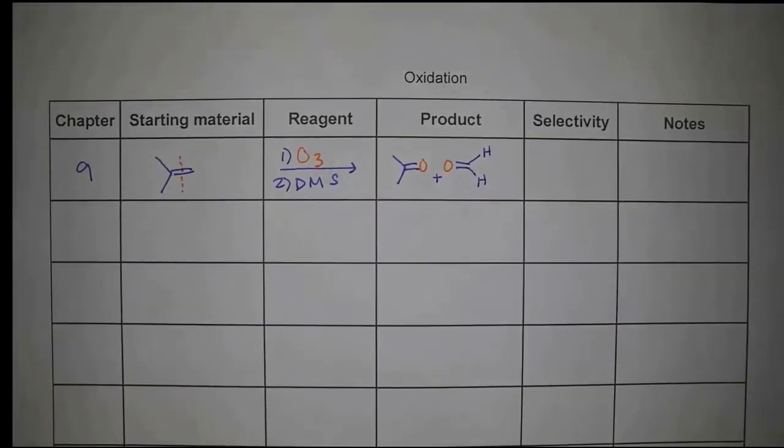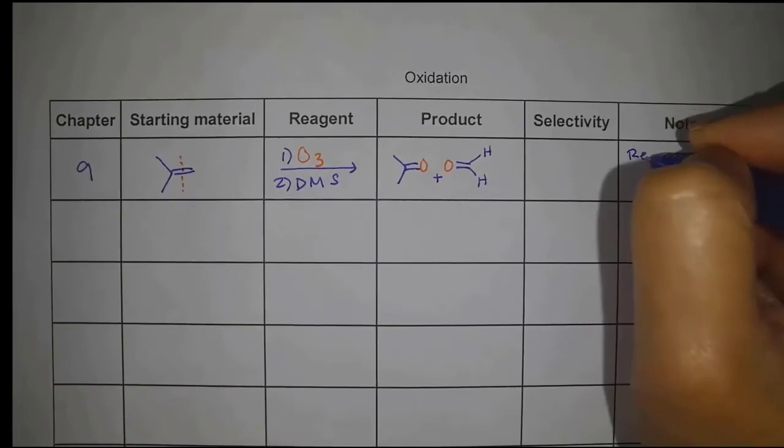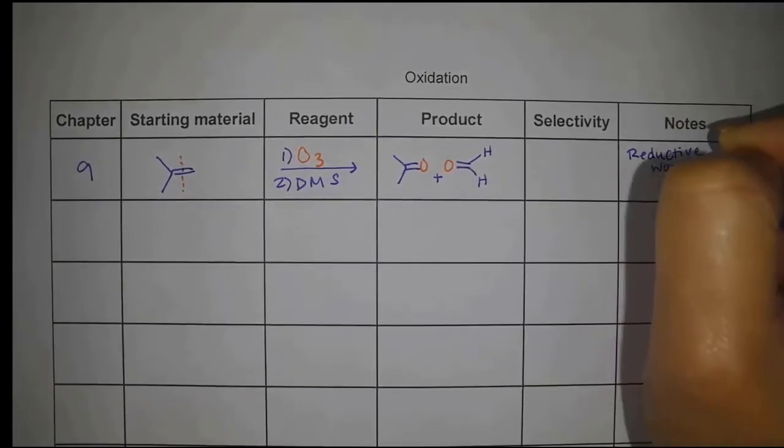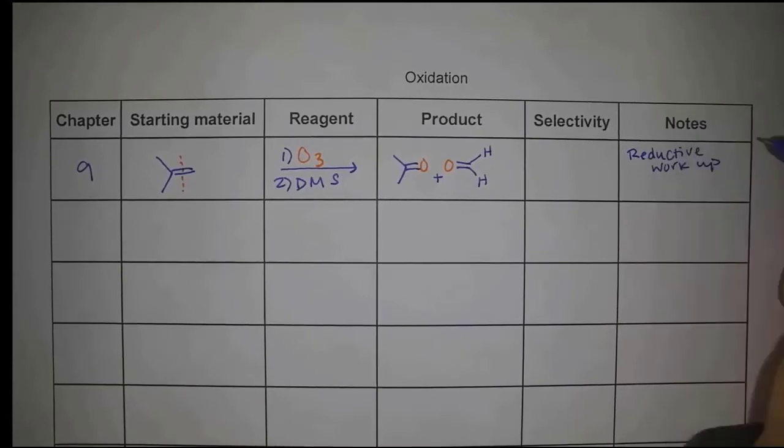This particular reaction is a reductive workup. And that will give you the aldehyde. If you had another reagent instead of DMS, you can do an oxidative workup where you have carboxylic acids, but we'll look at that more in the next chapter.